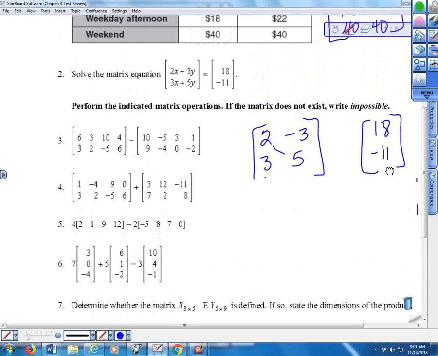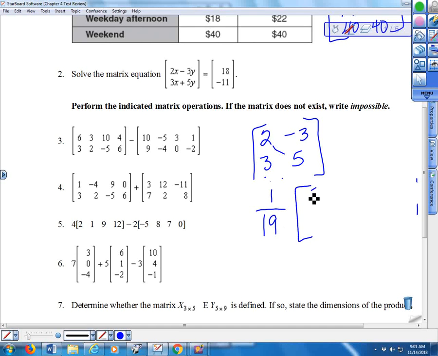First thing I need to do is find the inverse of this matrix. So I already found the determinant. It was 19. I put it 1 over that determinant, and then I multiply it by switching element 1 and 4, keeping element 2 and 3 the same, just changing the signs.